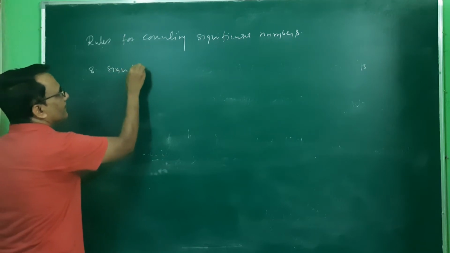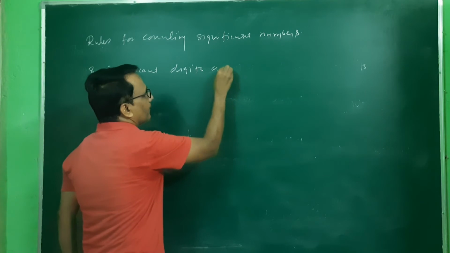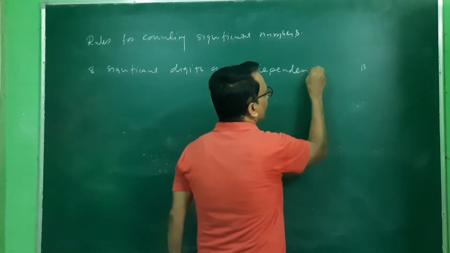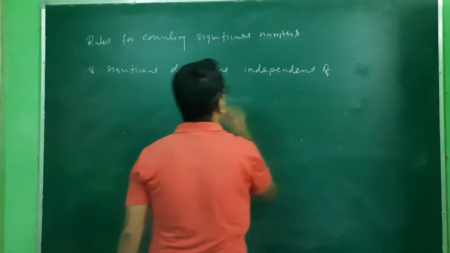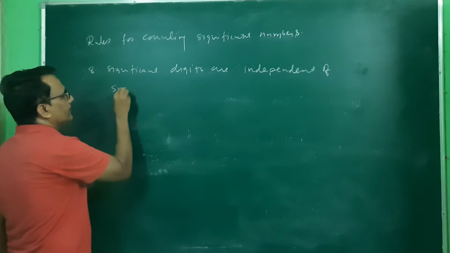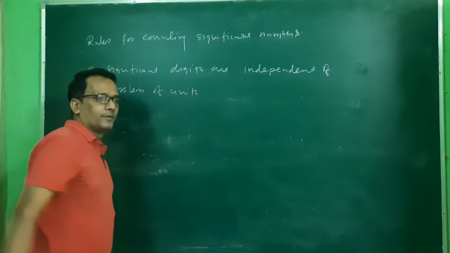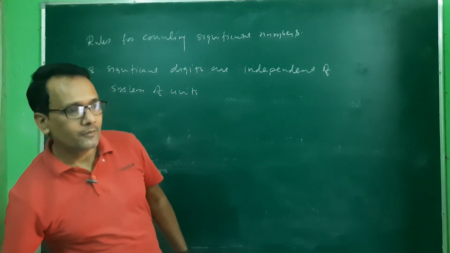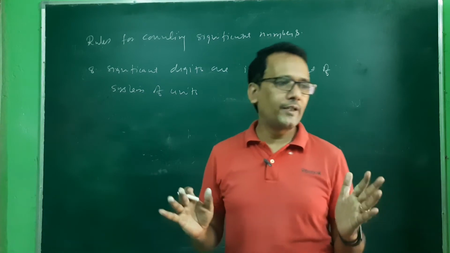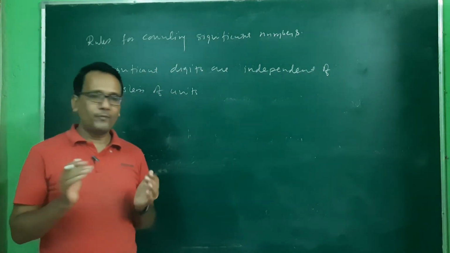Significant digits are independent of the system of units. So either it is in SI system, CGS system, MTS system or FPS system, it's independent of that unit system. So जितना number of significant digits first इसमें होगा, बाकी में भी उतना ही होगा.